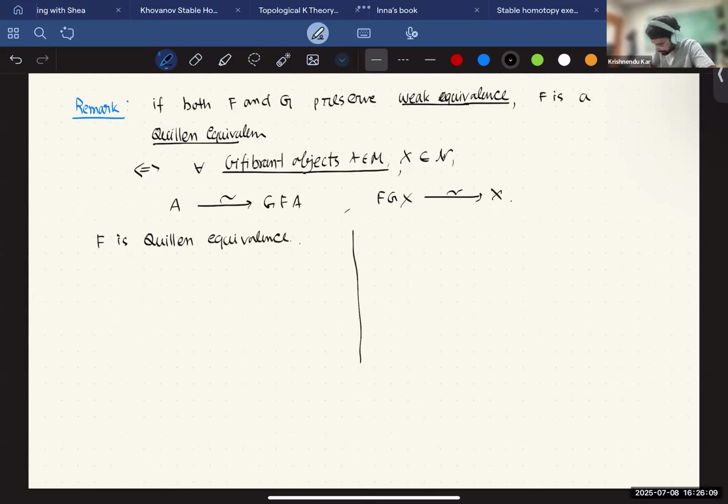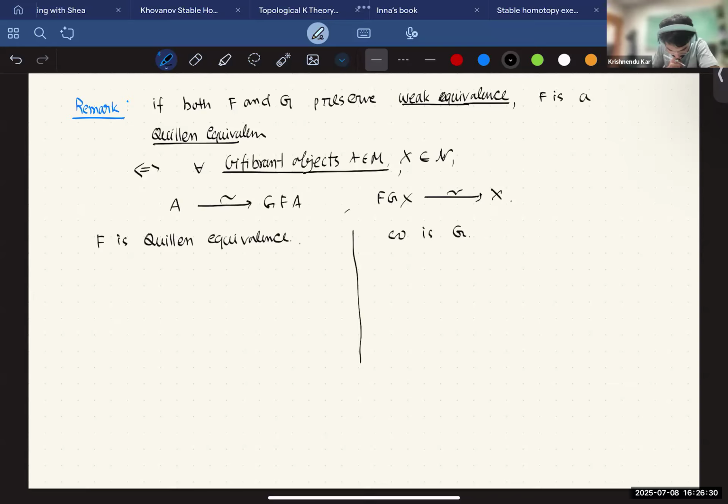Then so is G, right? I want to show that for all bifibrant objects, A belongs to M and X belongs to N, this map, A to GFA, is a weak equivalence.